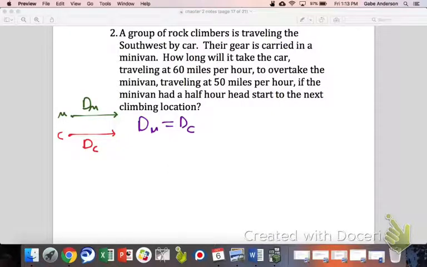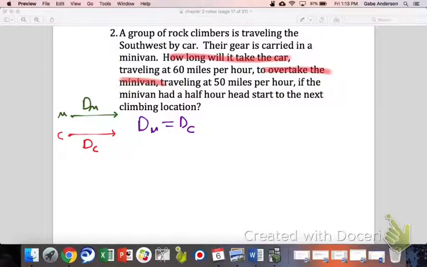Okay, so then our big discussion yesterday was, what do we do with the D, right? Because you look here at the question that's asked: how long will it take the car to overtake or catch the minivan? So how long will it take? What kind of a question is that? Time. And so our discussion yesterday revolved around, well, I don't see a time in there, but there really is a time, right?